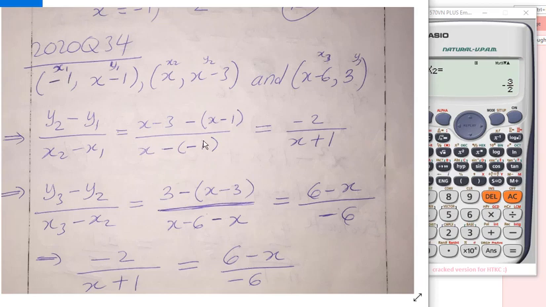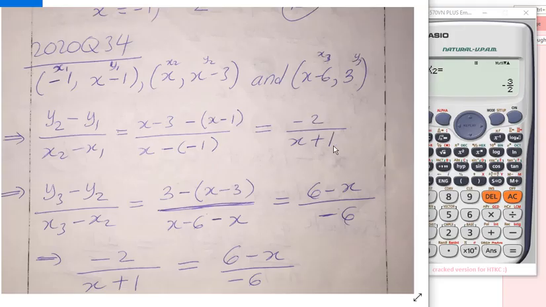So it's equal to, open the bracket here, s minus 3 minus s plus 1. S minus s will give me 0. Minus 3 plus 1 will give me minus 2. You can see that. Then at the denominator I will have s plus 1. So this is the gradient. Don't forget, the formula for gradient is y2 minus y1 all over x2 minus x1, as you can see. So I have minus 2 over s plus 1.